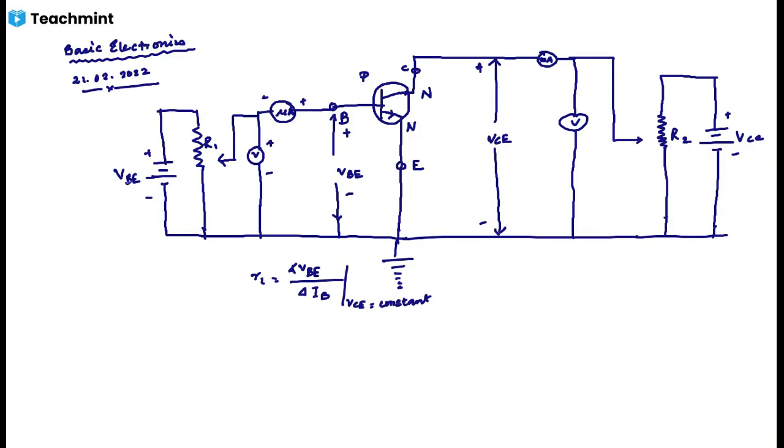So if I draw the input characteristics, this is IB in the order of microampere, and this is VBE in volts.